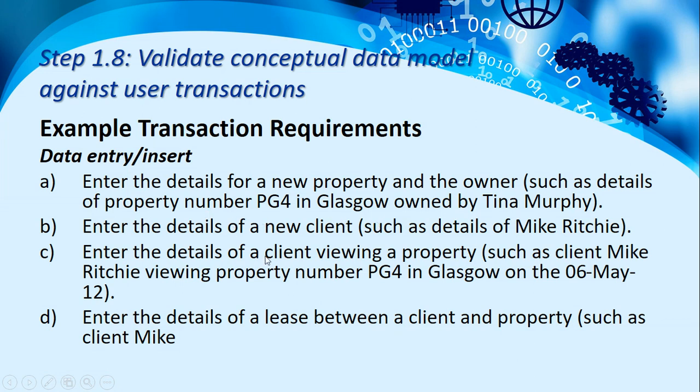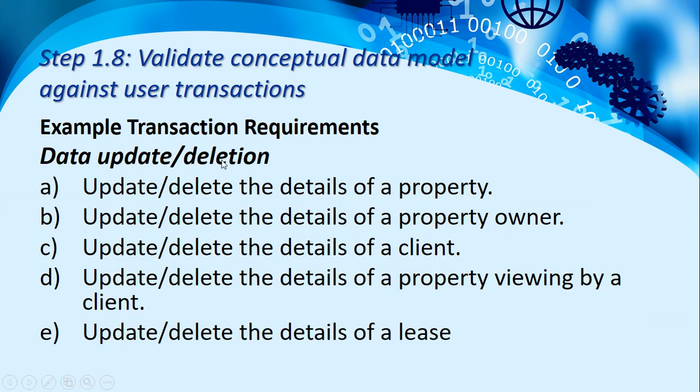Okay. So next, we have data update and deletion. They just combined update and also delete. In this example, update and delete the details of a property. Basically, the database should allow the users to successfully update and delete the details of a property in the database.